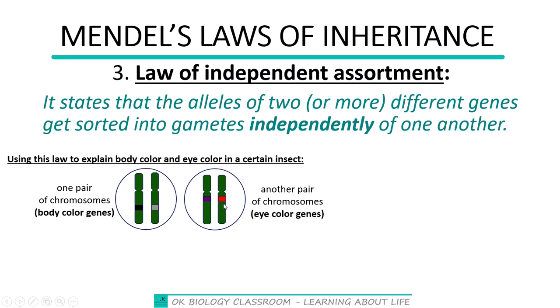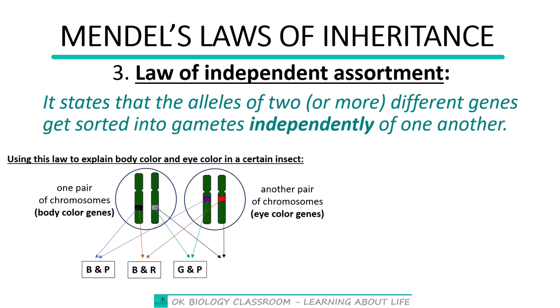So like this, a black body gene could be paired with a purple eye gene, and a black body gene could also be paired with a red eye gene. Similarly, a gray body could also be paired with purple eye, and as well, a gray body could be paired with red eye.